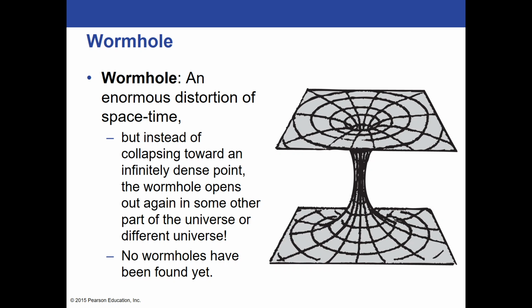But if we were to imagine two faraway points, stretch it out and connect them, we would be able to traverse the paper through a shortcut. We don't know if they exist, but there are solutions to general relativity, the equation, so they exist mathematically.